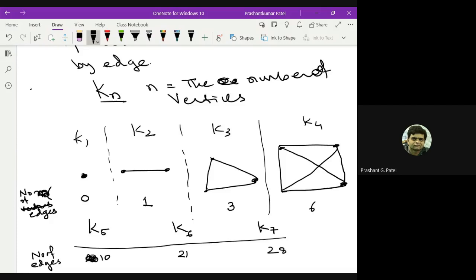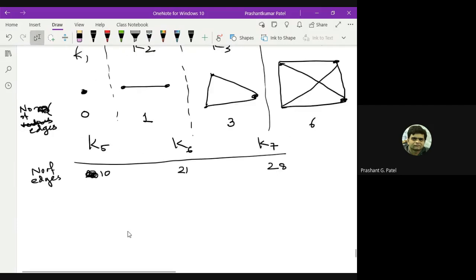So suppose I'm trying to plot K5. Then this vertex should connect to all these. The counting principle is used here.